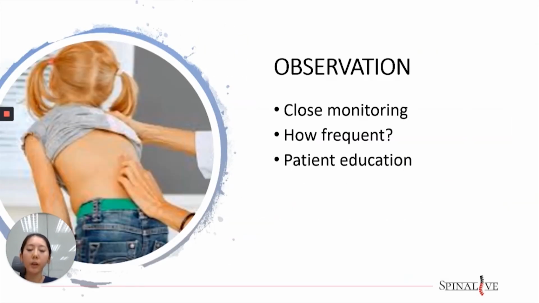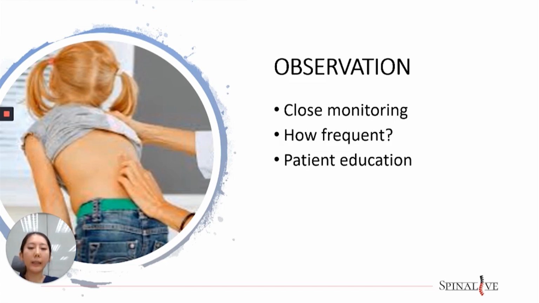Okay, so moving to observation, as mentioned, close monitoring would be suggested. Something between 2 to 3 months would be great rather than leaving it alone, especially if the child has a family history of scoliosis. Closer monitoring would be recommended.